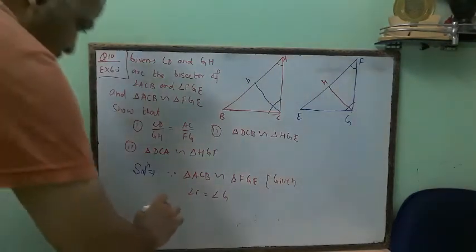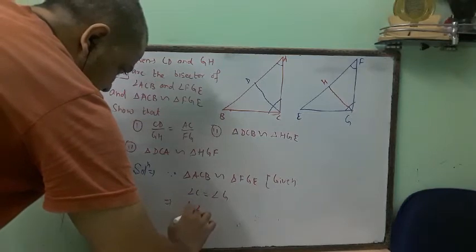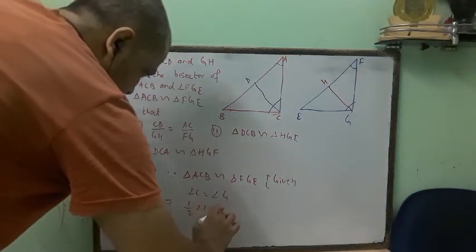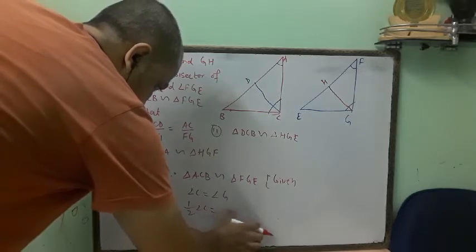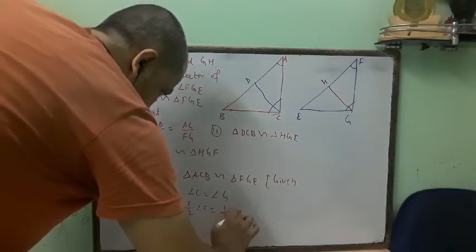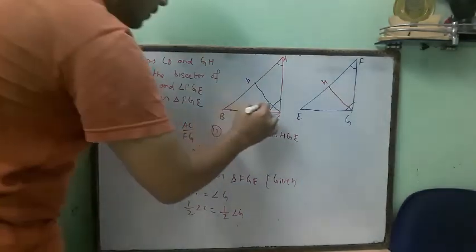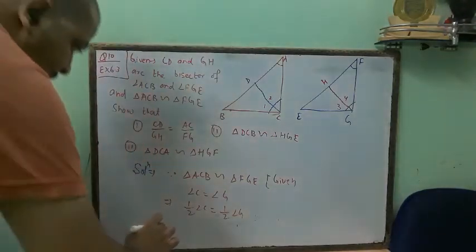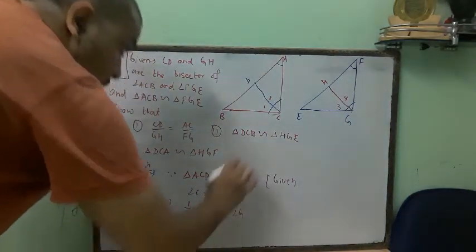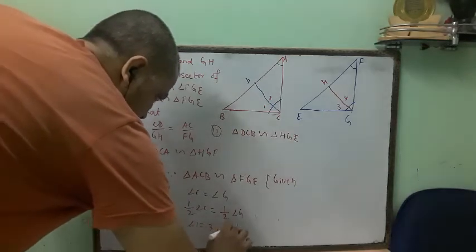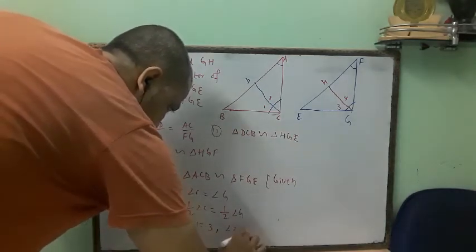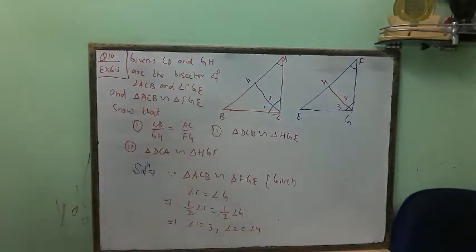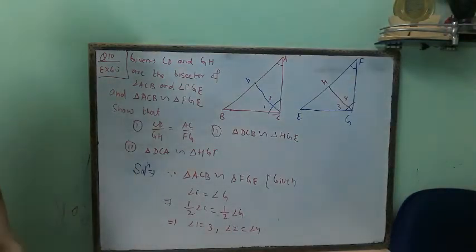In 9th class you studied that if equals are halved, the results are equal, so half of angle C will be equal to half of angle G. Suppose we label 1, 2, 3, 4. It means angle 1 is equal to angle 3 and angle 2 is equal to angle 4.